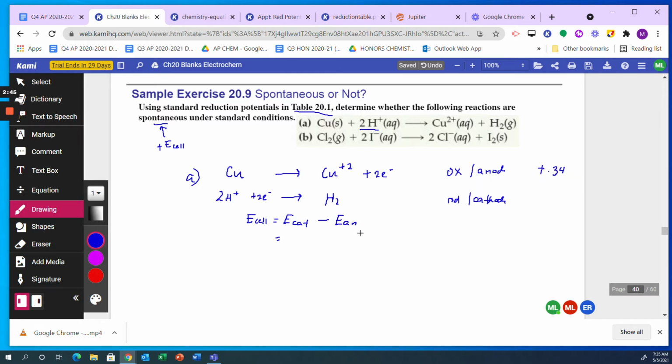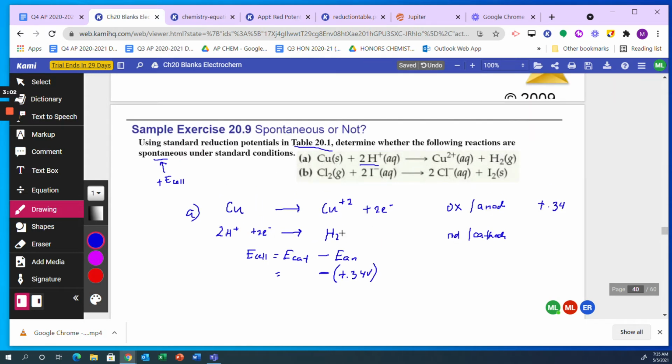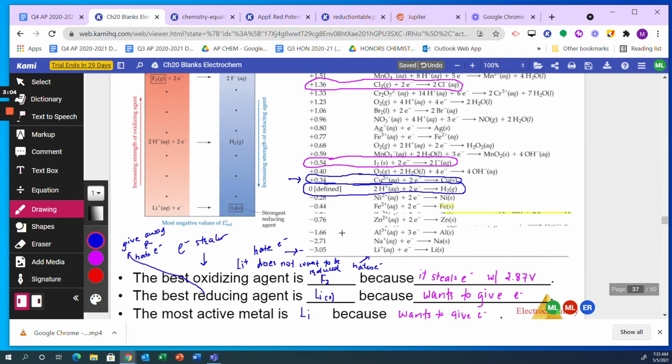Because it's going the opposite way, we're going to have to subtract it right here. So the anode is positive 0.34 volts. And when we reverse it, we're going to use the negative sign here. And then the cathode is being reduced, so it should be written like that. So it's right here.